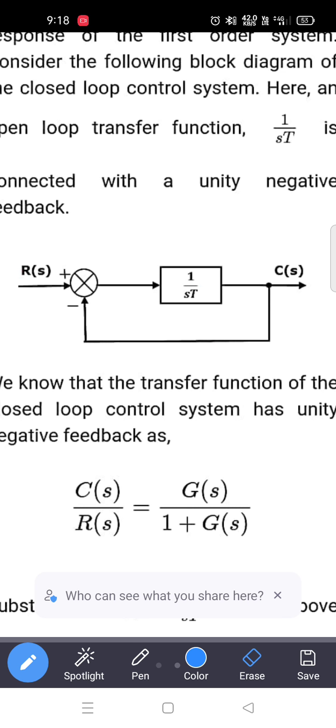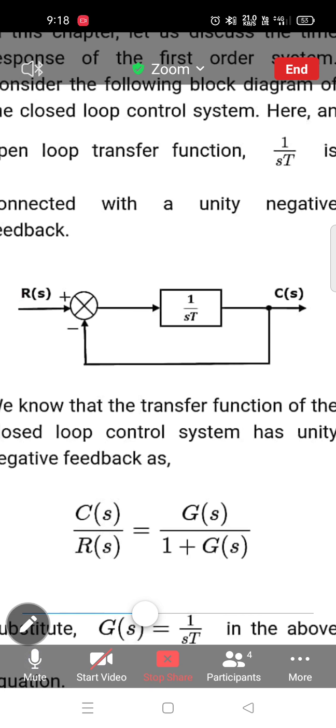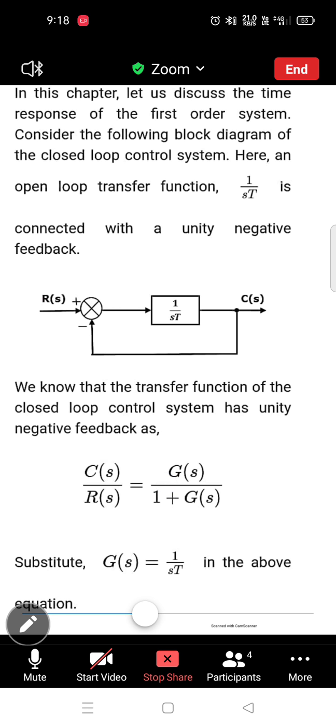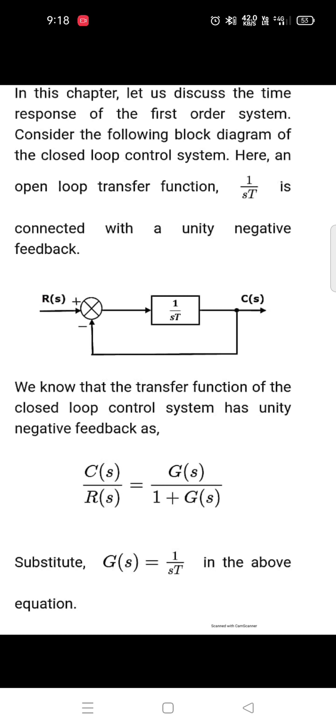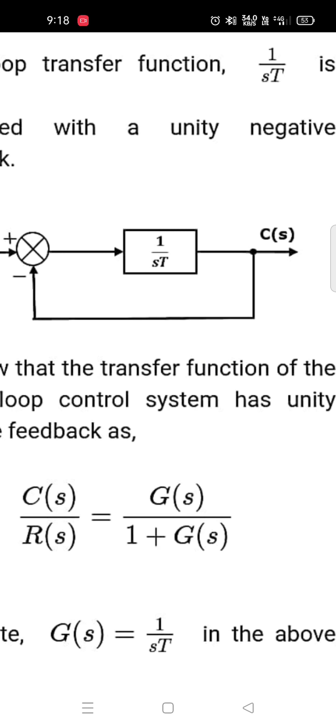So for a unity feedback system, the transfer function means our system output divided by input. Here our output is C of s and input is R of s. So the transfer function will be G of s divided by 1 plus G of s.